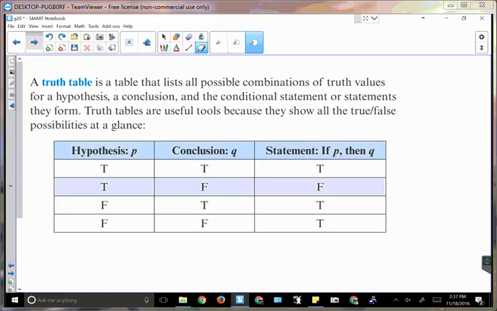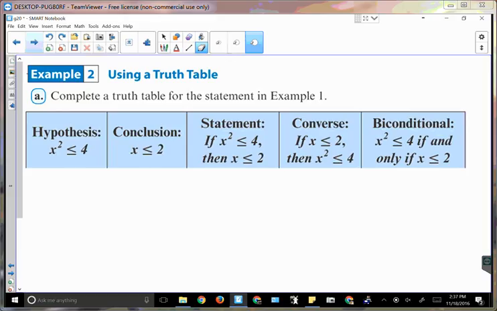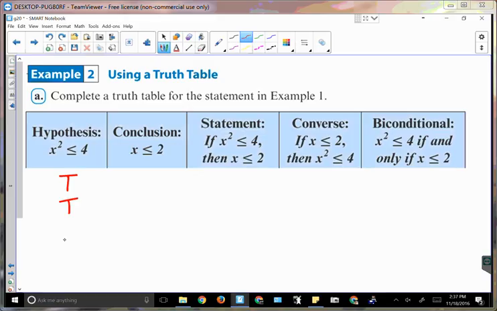So I want to complete a truth table for that thing that we were talking about. That means that either the hypothesis is true or it's false. Conclusion can either be true or false, true or false.